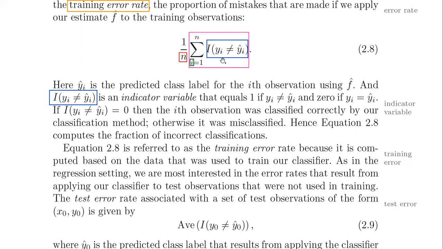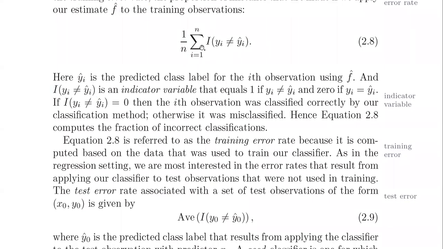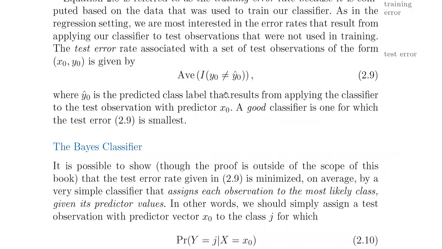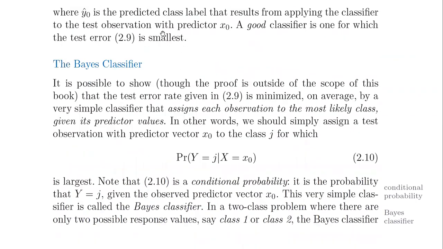Again, I'm not 100% sure, but it is the same formula. It's just using, instead of the training data, which is the i observations, these y naughts, but plural, please, where y naught is the predicted class label that results from applying the classifier to the test observation with predictor x0. A good classifier is one for which the test error is smallest.